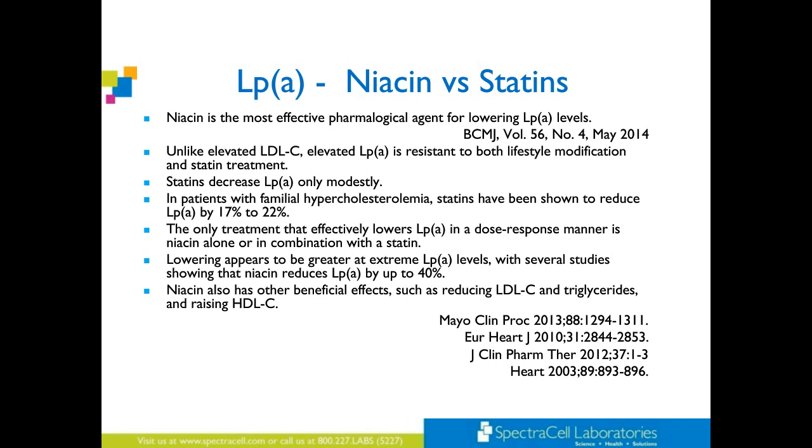Niacin has been shown to have the strongest impact as far as lowering lipoprotein A levels. And I'm going to show you the standard lipid profile versus what SpectraCell tests for on the cardiometabolic, and I think you'll see the reason why they look at all these particular markers. And once again, you can see that there are quite a few reasons why niacin could be beneficial if an individual did have an elevated Lp(a) marker.